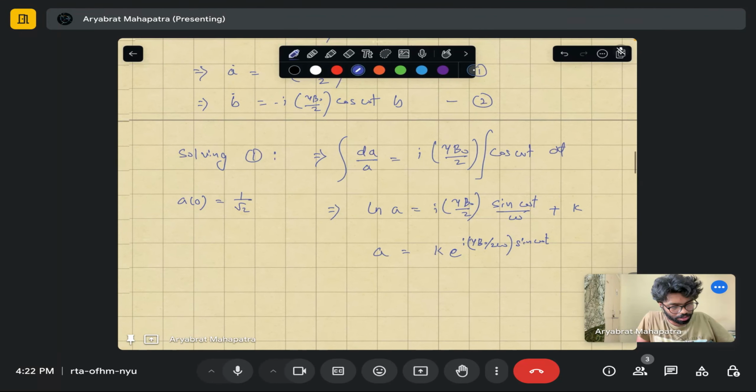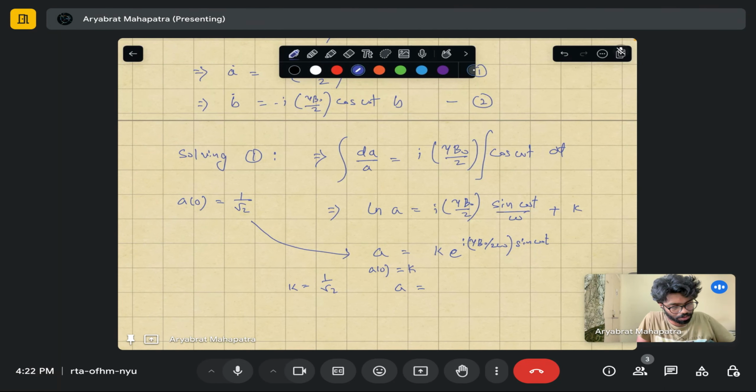And so we know this initial condition. If you put this in, you get k to be 1 by root 2, because here a of 0 is k.